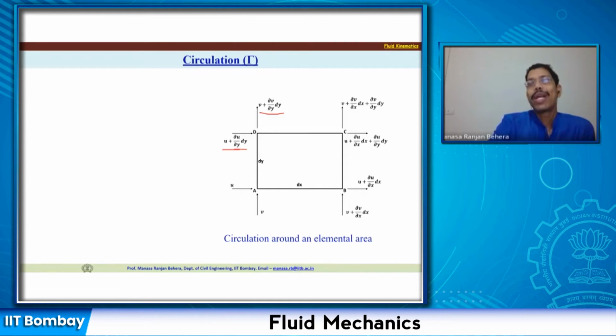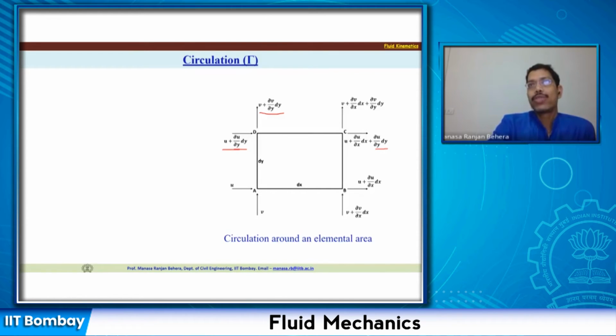So if we look at the change in the velocity u at this point C, there is a change which has happened when it has moved in the x direction, and that is ∂u/∂x into dx. There is also a change because there is a movement in the y direction, so that is ∂u/∂y dy.